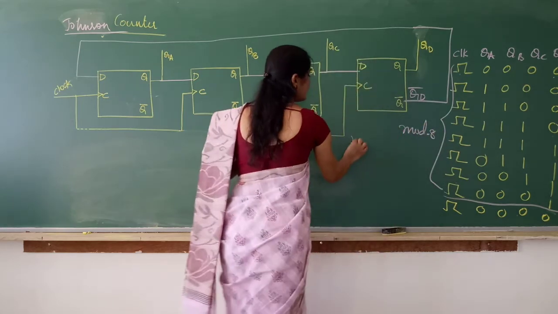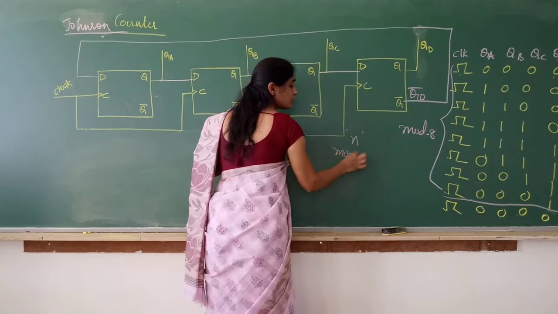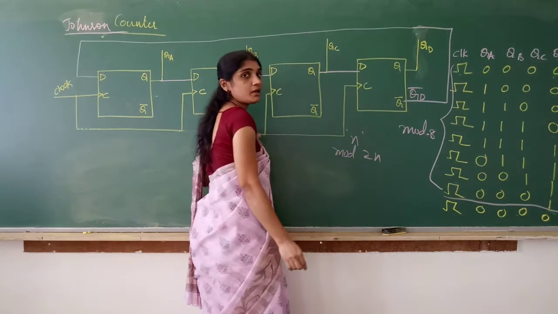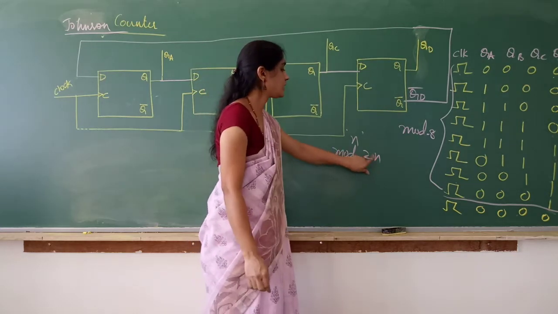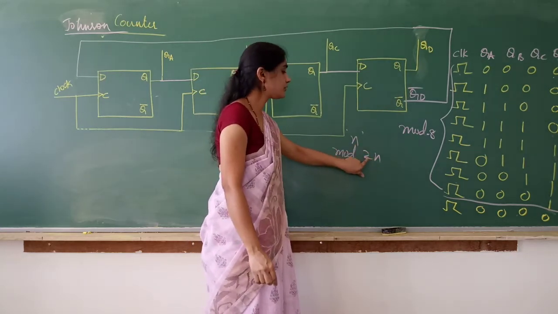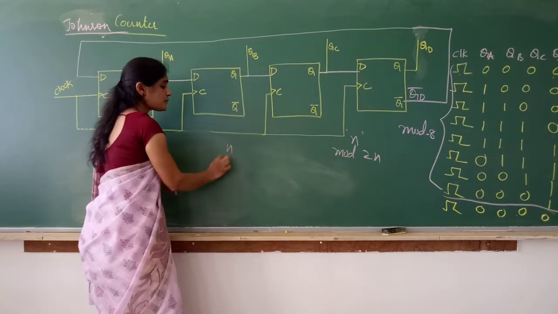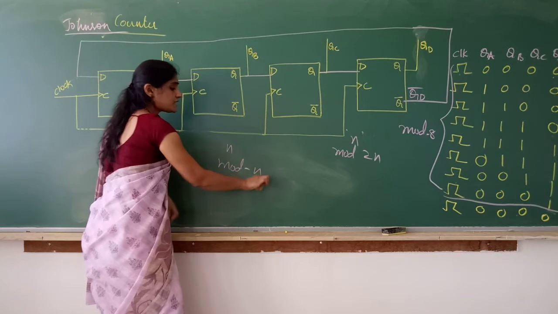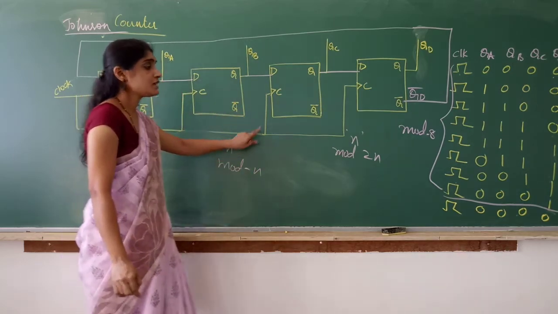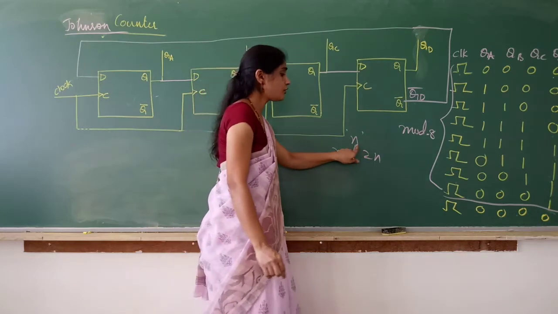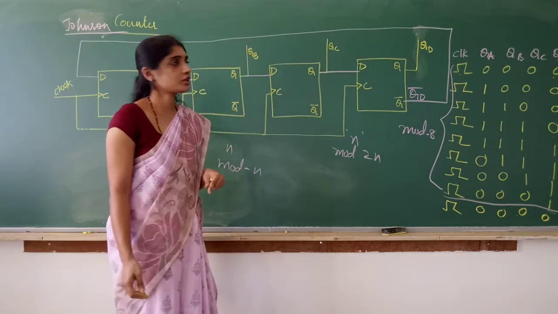So using n number of flip-flops, a mod 2n counter can be generated using Johnson counter. 2 into n: 4 flip-flops, 2 into 4, mod 8. But for ring counter, n flip-flops, a mod n counter can be designed. Ring counter, 4 flip-flops, mod 4 counter. Johnson counter, 2 into n, 4 flip-flops, mod 8 counter. 8 different patterns can be generated using Johnson counter.